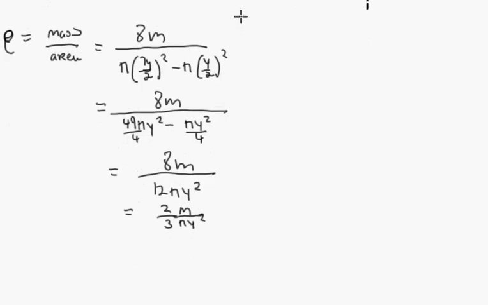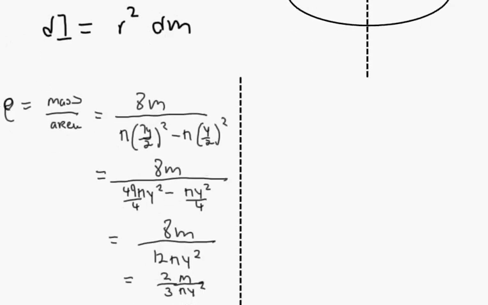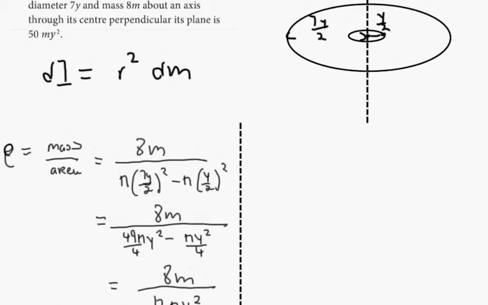The next part we're going to have to do is we're still working off I equals r squared dm. Now we need to sort out what dm is. So what we always do, we're taking a little slither of the system.